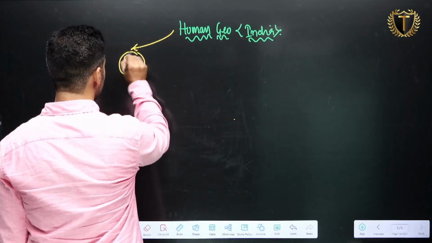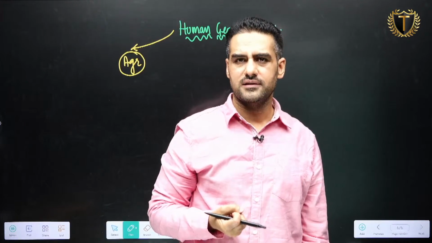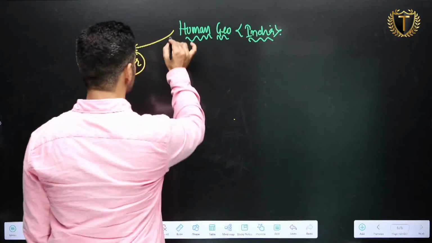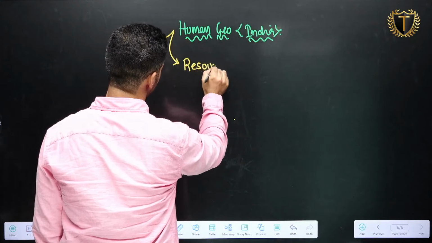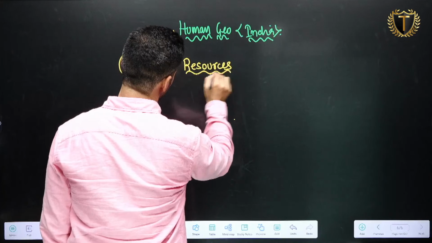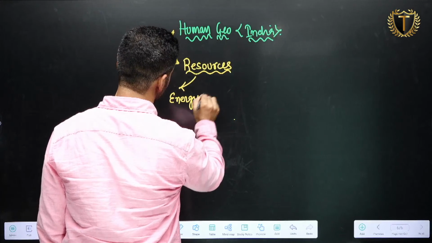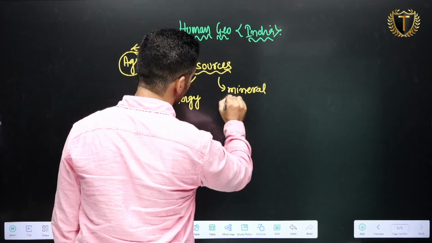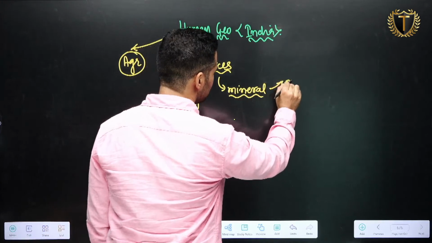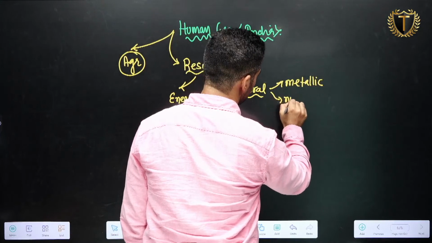Can I say agriculture is an economic activity also? तो क्या मैं इसको economic geography कह सकता हूं? Then you have resources. I told you resources can be energy based, mineral based. Minerals can be metallic and it can be non-metallic.